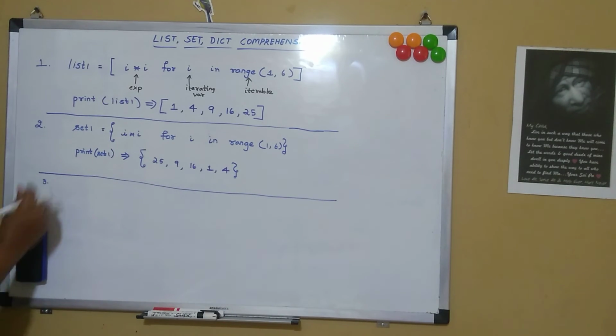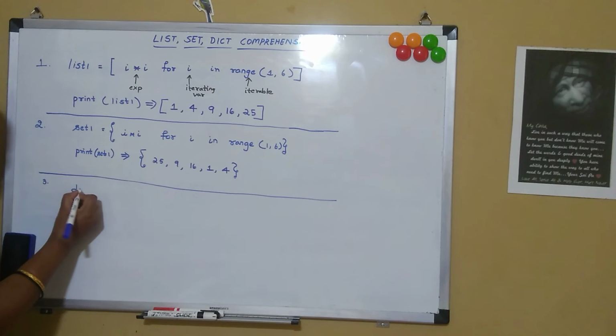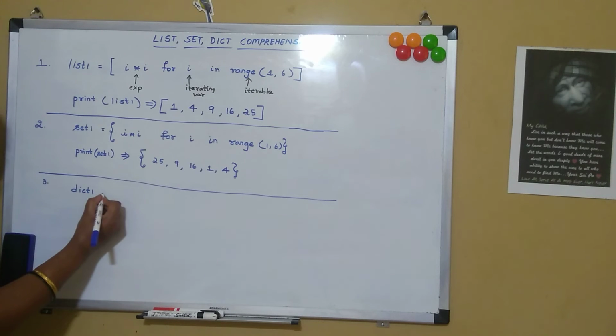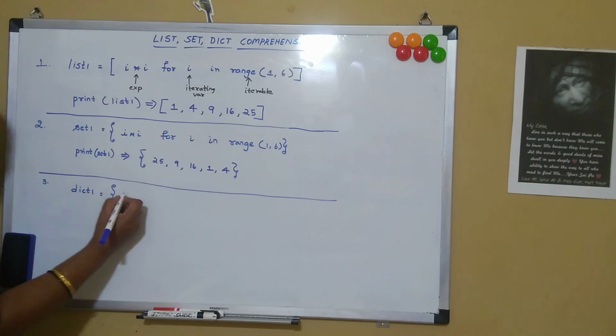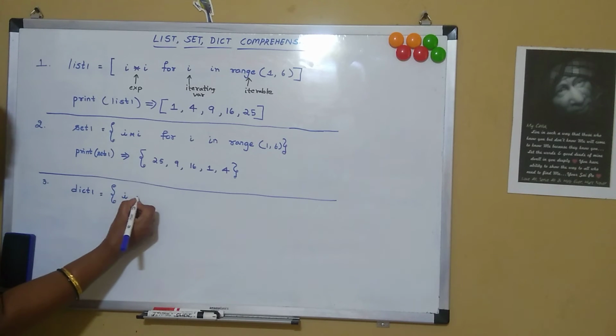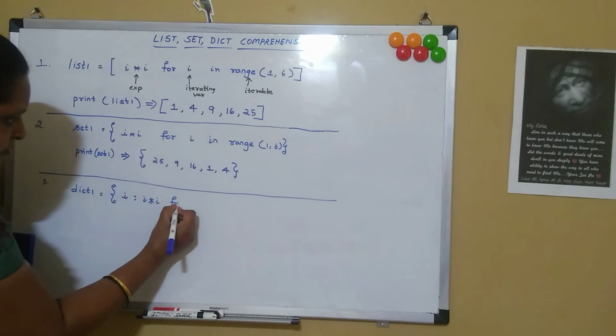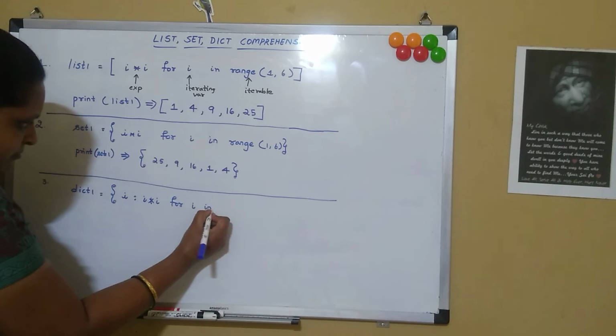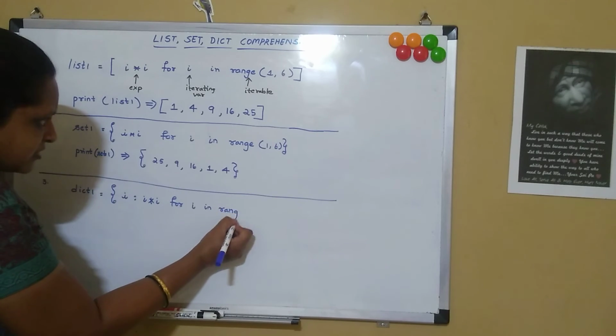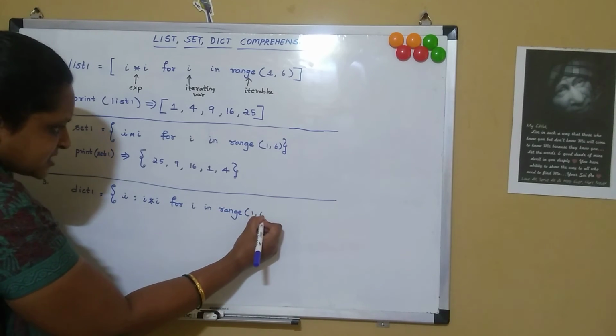Now let's go on to the dictionary comprehension. For dictionary comprehension, we all know that dictionaries have keys and values. So we want two expressions, one for a key and the other for a value. Let me say my dict 1 is equal to curly braces i colon i into i for i in range 1 comma 6.